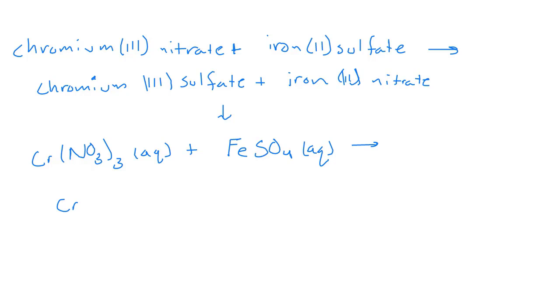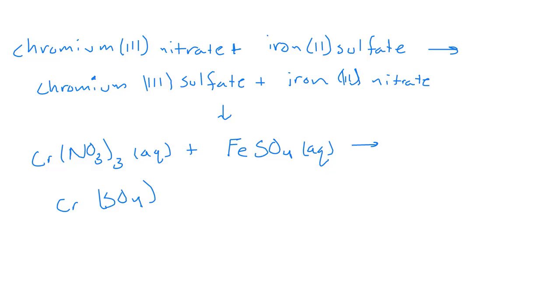So you have chromium 3 plus, but then sulfate, if you guys remember, is 2 minus. So how should we approach that? Exactly. It would basically swap the subscripts.